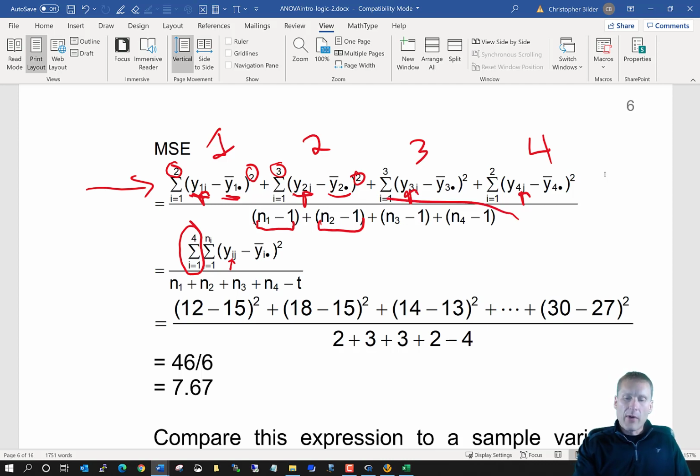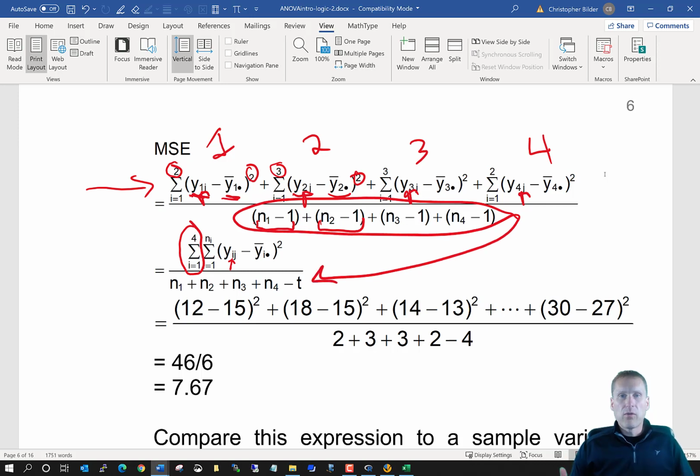And then if we combine everything that's in the denominator, then in a general form, what we get here is n1 plus n2 plus n3 plus n4 minus t. T, in this case, will be 4, and I should have said that before. And remember, what t represents is essentially the number of factor levels that we're working with. So let's start plugging in numbers, and that's what I do next. And if you go through all the math, you get 7.67.